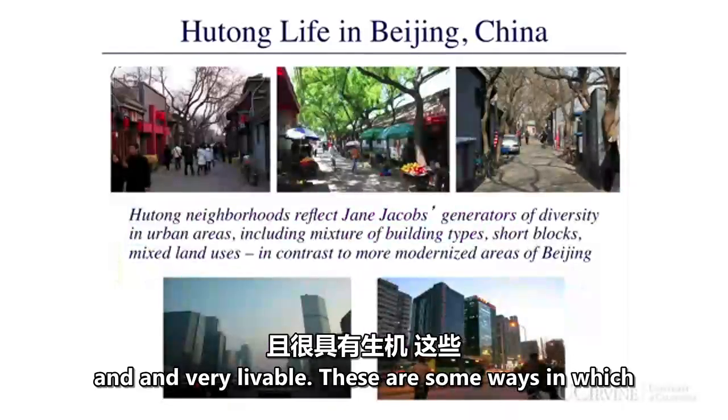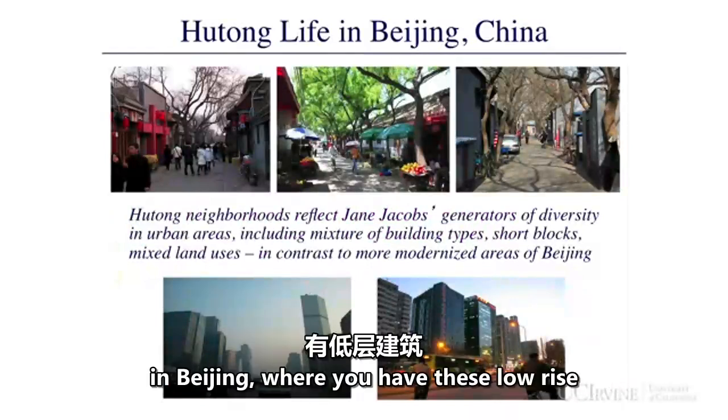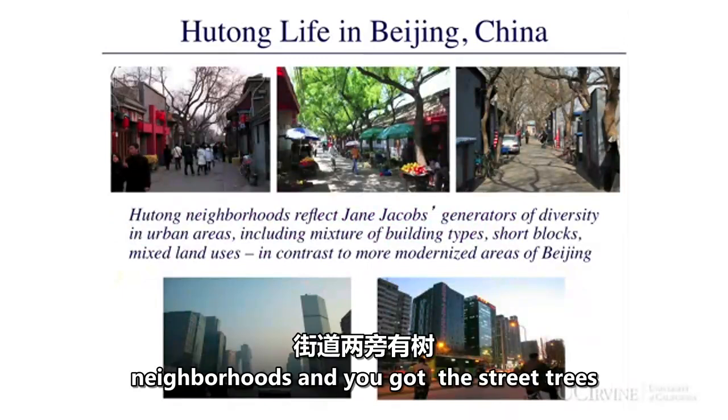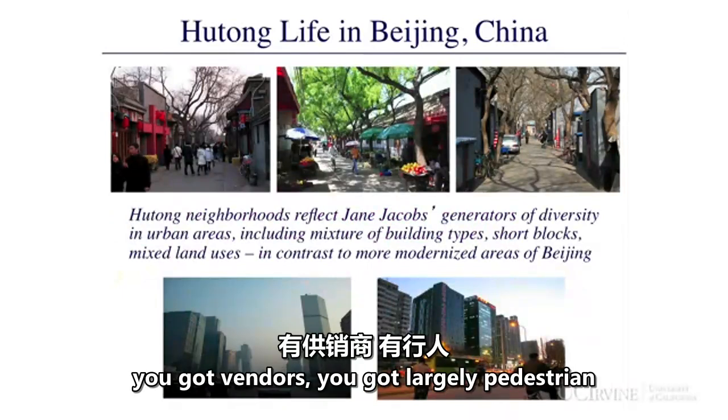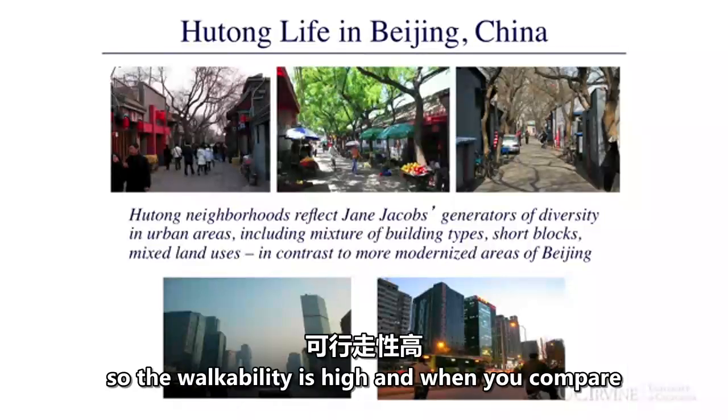These are some ways in which this happens in the traditional courtyard homes in Beijing, where you have these low-rise neighborhoods, and you've got the street trees, you've got vendors, you've got largely pedestrian and bike traffic with some cars, not a lot. So the walkability is high.